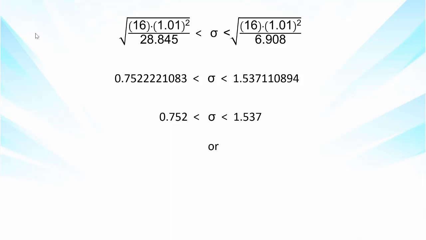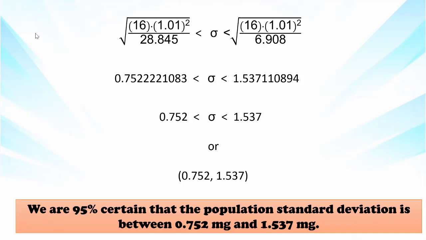And if we wrote that in our standard confidence interval form, (0.752, 1.537). So what does this mean for us? This means that we're 95% certain that the population standard deviation is somewhere between 0.752 milligrams and 1.537 milligrams.